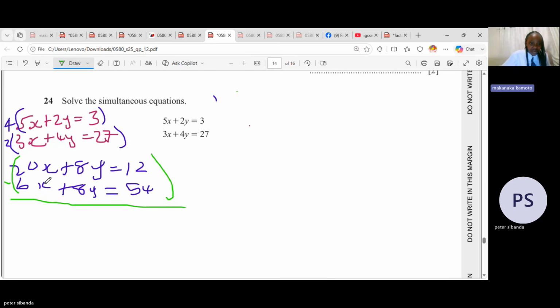Okay. Now it becomes 20x minus 6x, and 20x minus 6x is 14x.